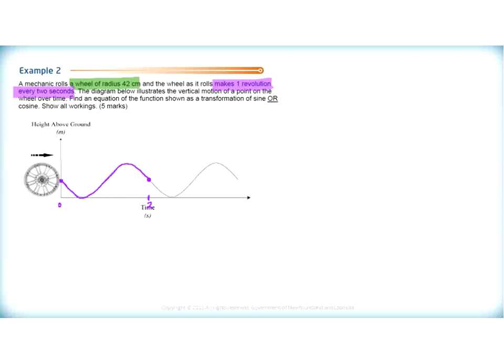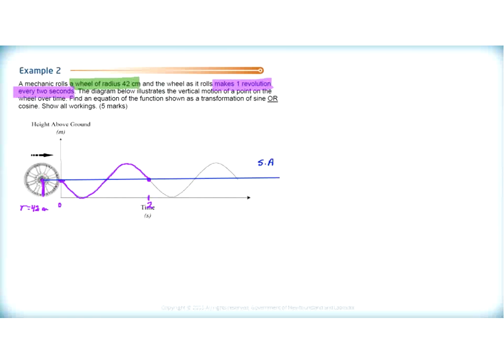So because the radius of the wheel, which is the distance between the center and a point on the circumference of the circle, is equal to 42 centimeters, we know that the horizontal central line that passes through this graph passes through y equals 42 in this example.